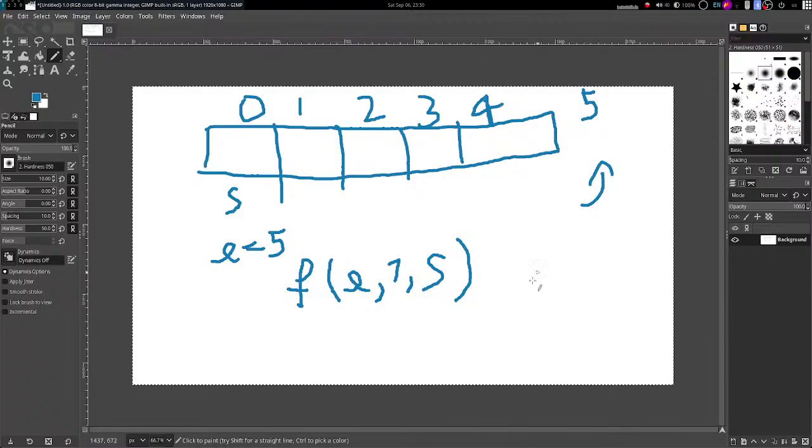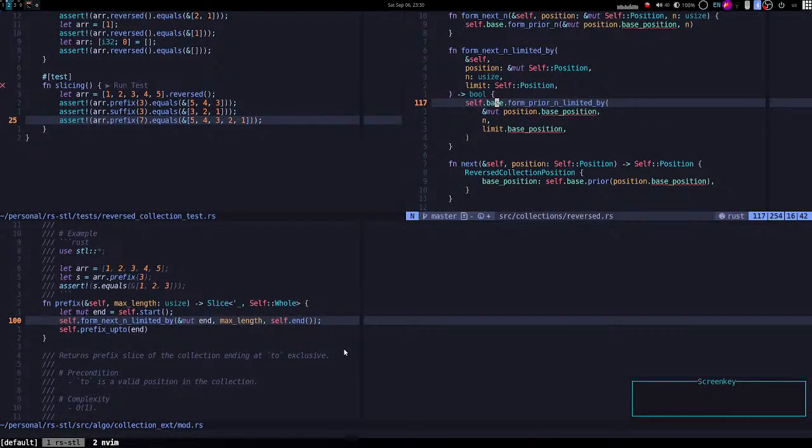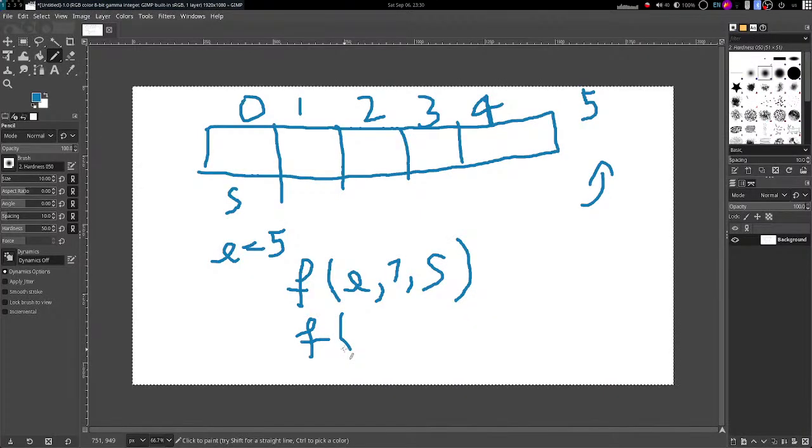Form prior n limited by, and now the base position is, what's the base position? So is 5, right?